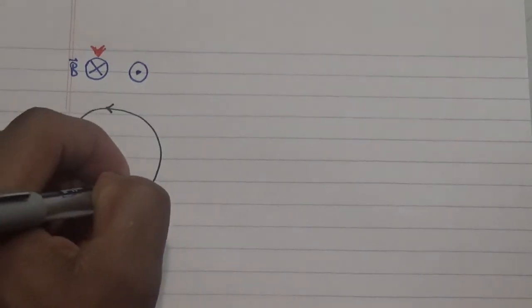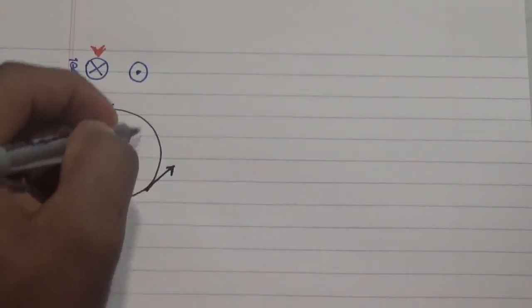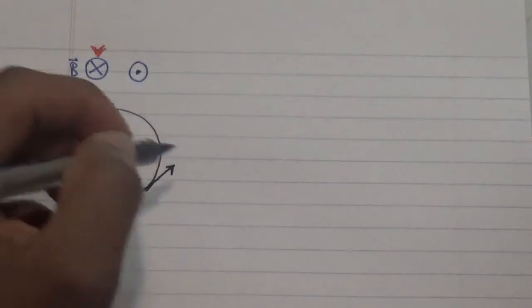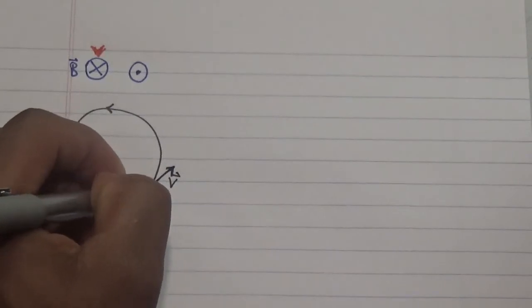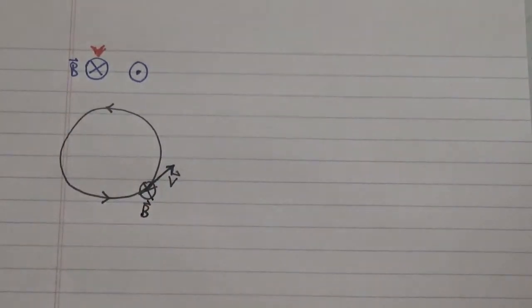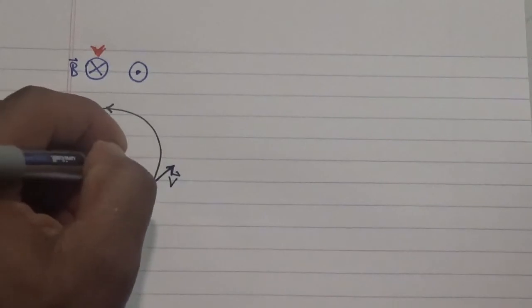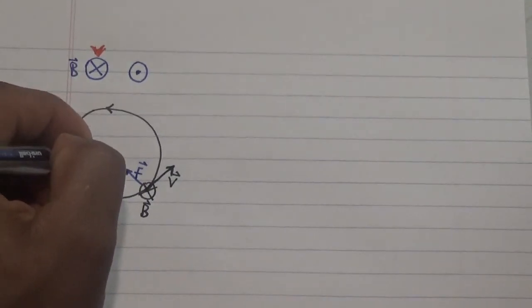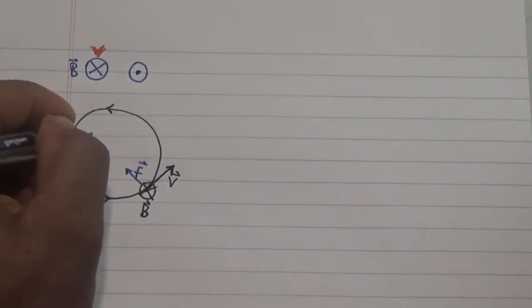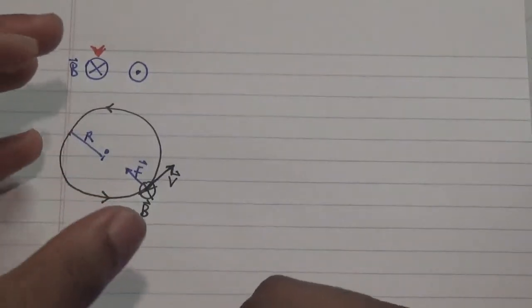Now, if your velocity is pointing in this direction, which is tangent to this curve, and the magnetic field is pointing into this book, which I'll draw as an X, then our force at every point of this circle is pointing towards the center of this circular path. Now for the circle, you need to take into account the radius, represented as big R, and this motion we usually call centripetal movement.